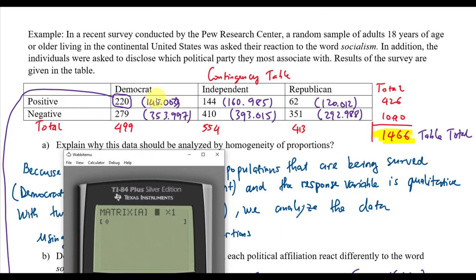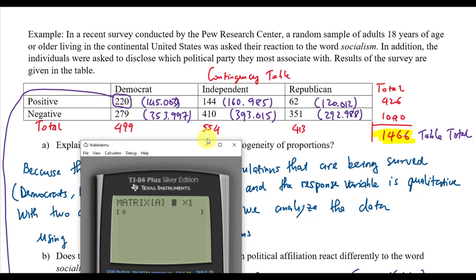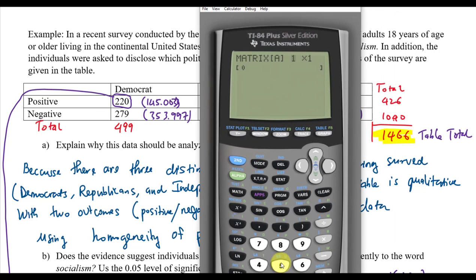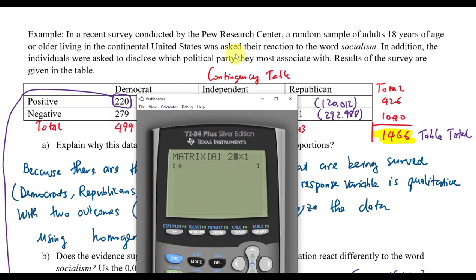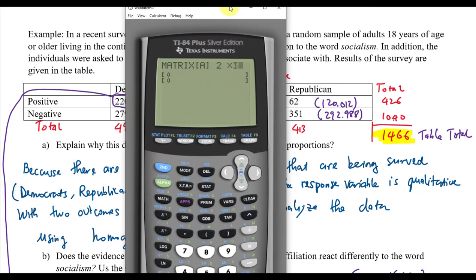So we have two rows, and we have 3 columns, right? So 2 by 3. So you go ahead and we enter all the entries for the observed matrix.